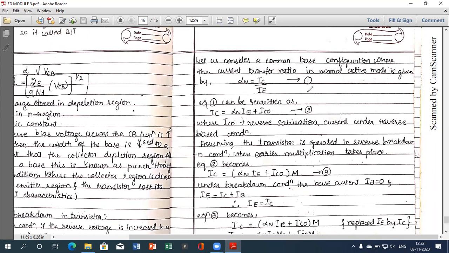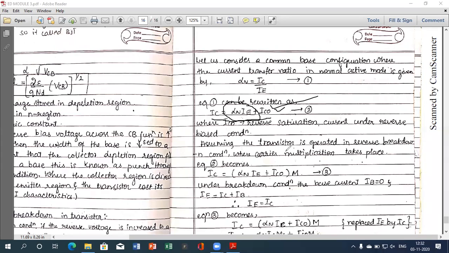But here we are discussing this topic based on the reverse condition, so we have to consider this current now, because it becomes large when the reverse voltage is increased. Therefore, the collector current depends not only on alpha N into IE, but also on ICO, the reverse saturation current.